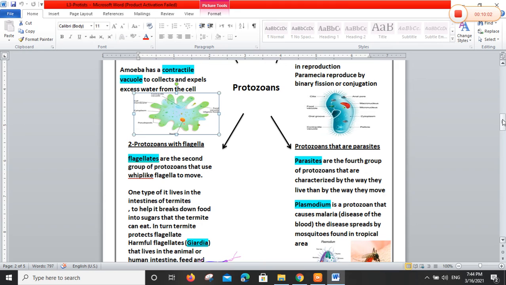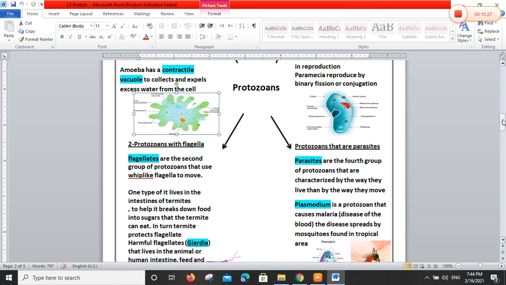Protozoans that move with flagella are called the flagellates. So the first group is pseudopods, and the second group is flagellates, protozoans that use whip-like flagella to move.